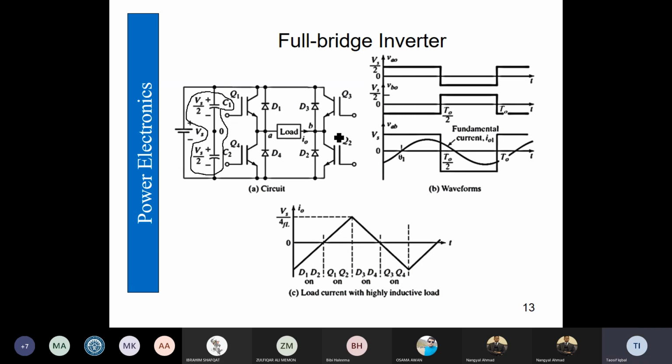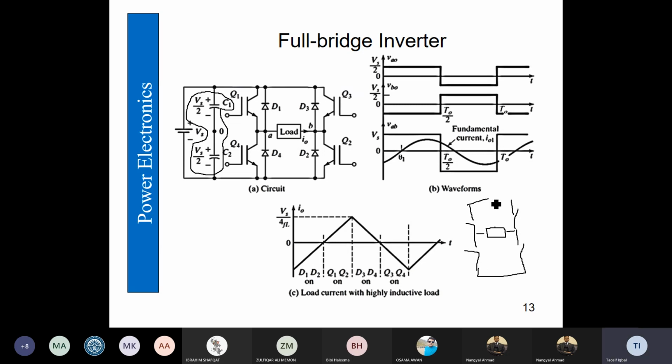Okay, so if you remember, this is just like the H bridge. So what is an H bridge? An H bridge is used with a motor, and the load is connected in between, in the midpoints of this H bridge.